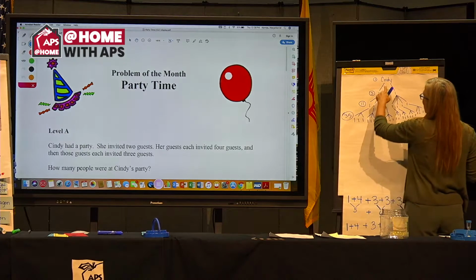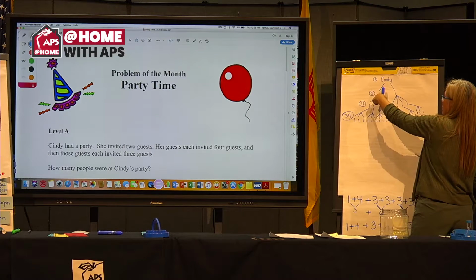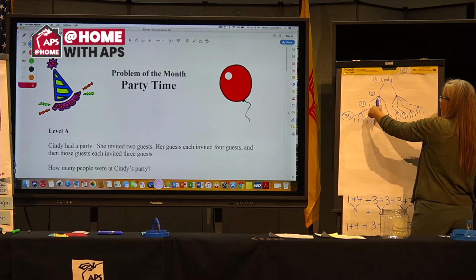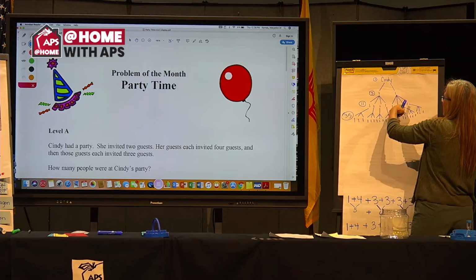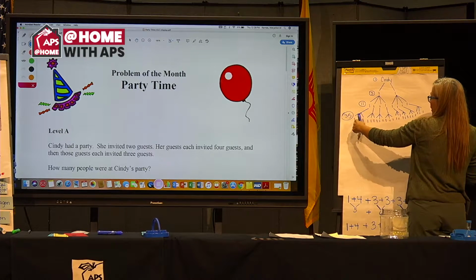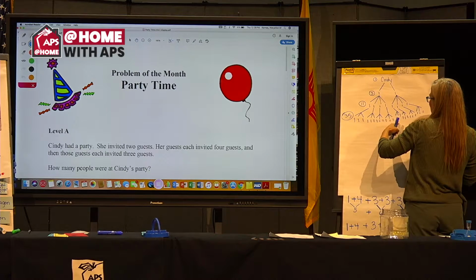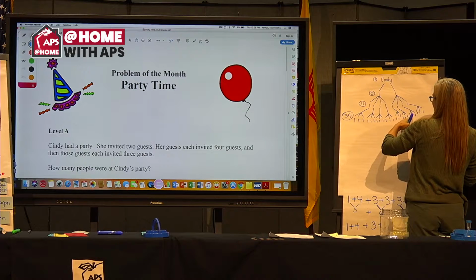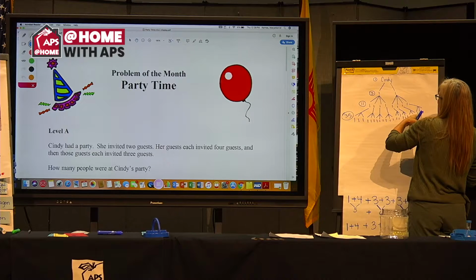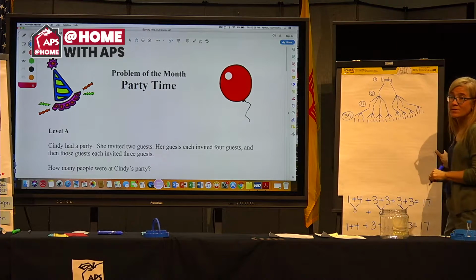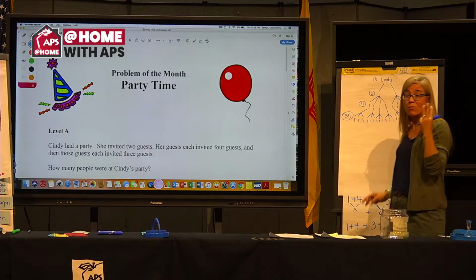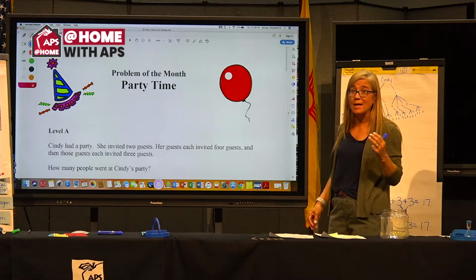And we could double check it by counting. 1, 2, 3, 4, 5, up to 35. So we were right. We got the answer 3 different ways, and we got the same answer.